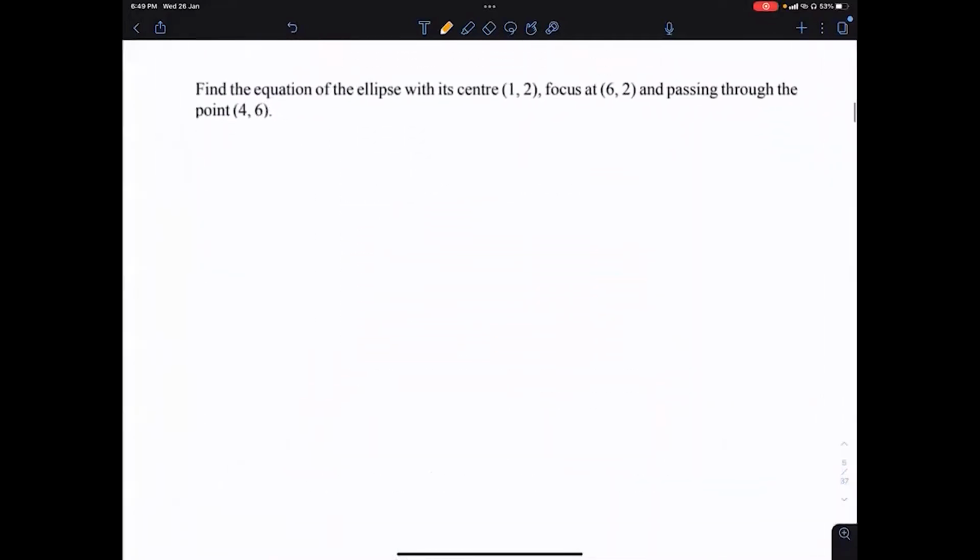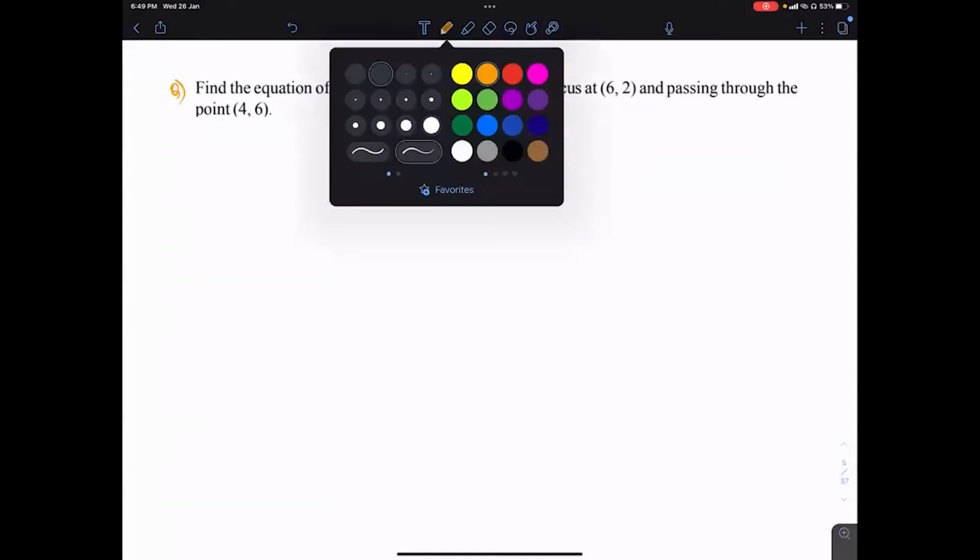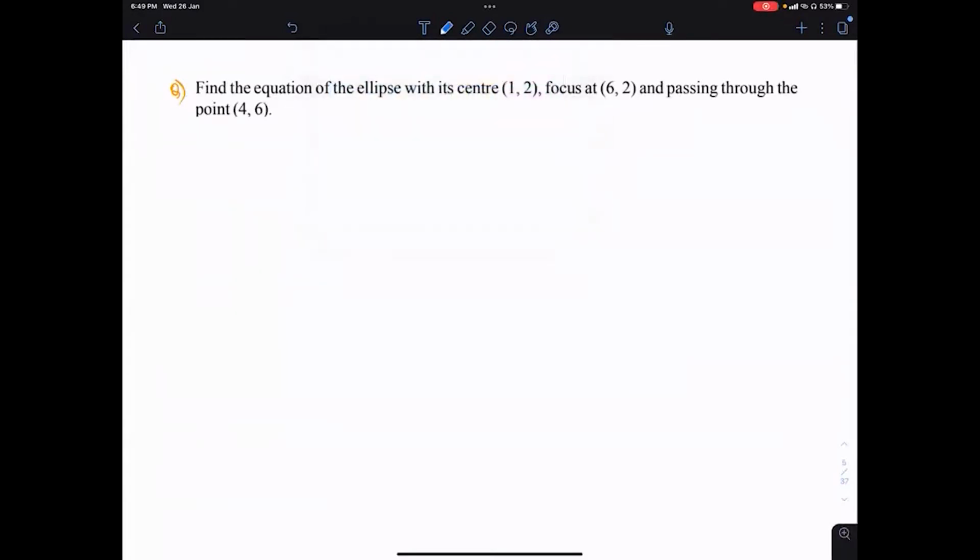Let us see this question. Find the equation of the ellipse whose center is (1, 2), focus is (6, 2), and passing through (4, 6). The center is (1, 2) and the focus is (6, 2). That means just going right by 5 units, you get the focus.